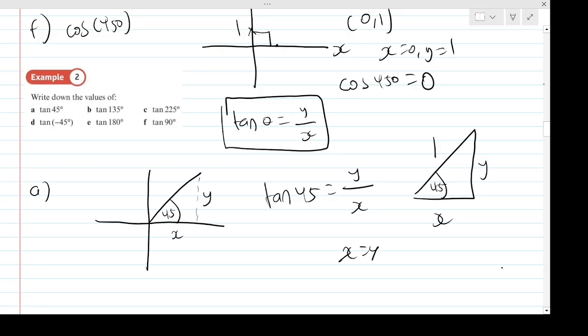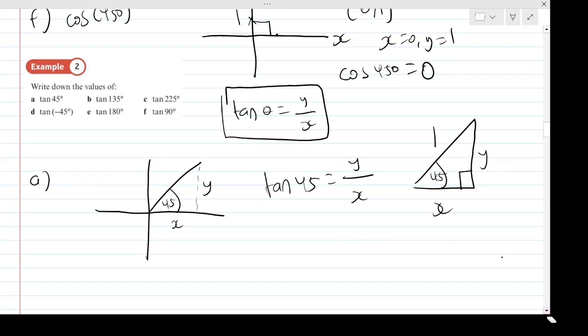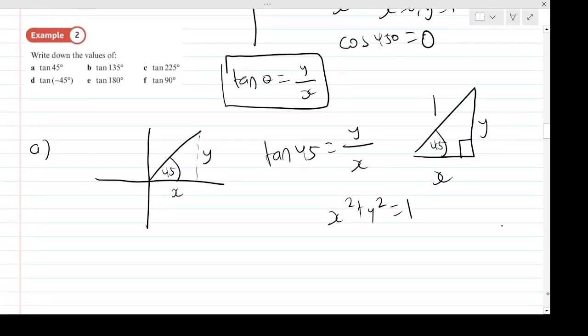Then we can find that because we can do Pythagoras' theorem, because we know that the length is 1. So if we do Pythagoras' theorem on this triangle, we would say that x squared plus y squared is 1 squared, which is 1. But we also know y is also x, so x squared plus x squared, and if we collect the like terms, we can say that 2x squared is 1.